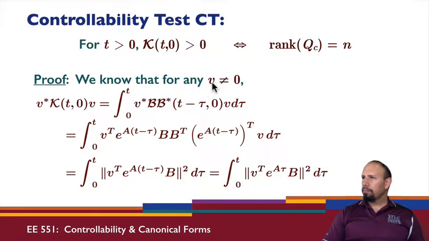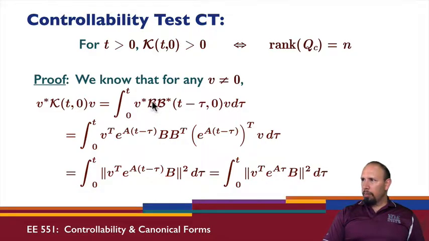So for any v, v adjoint times the continuous controllability gradient times v can be written as this integral. Notice that when we have b adjoint times v, that gives us a control signal, a continuous time signal.